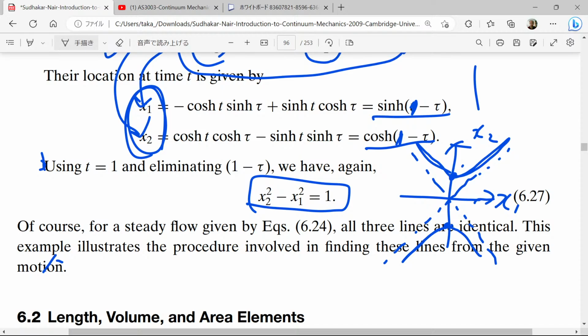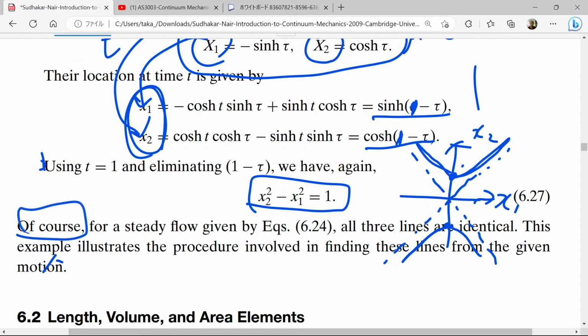Of course, for steady flow, given by equation 6.24, all three lines are identical. Why, of course? I don't understand why they say of course. This example illustrates the procedure involved in finding these lines from the given motion. I'm not sure why he said of course.